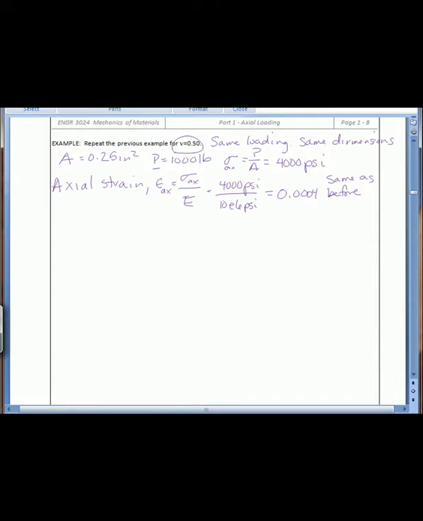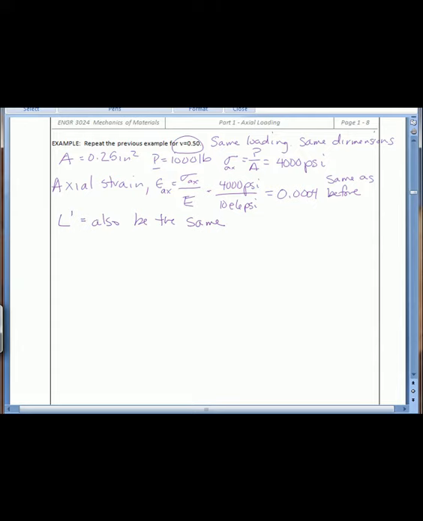So we're still talking about the axial direction, so since that axial strain is the same, the new length after this load is applied has to also be the same when you have a 0.004 strain applied to a 10-inch structure.